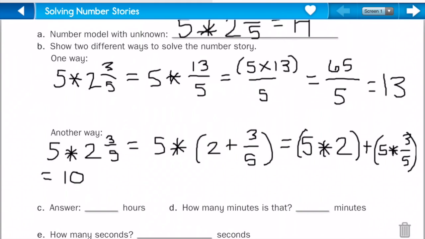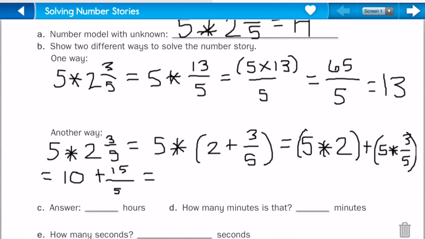Plus, what would be 5 times 3? Yep, it would be 15. And then we leave our denominator the same. So now we're taking 10 plus 15 over 5.